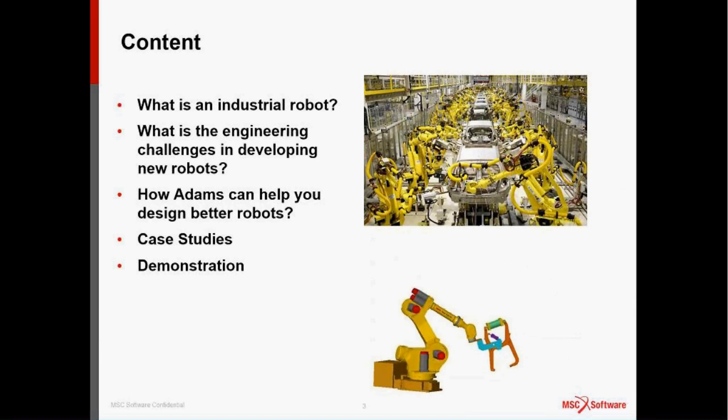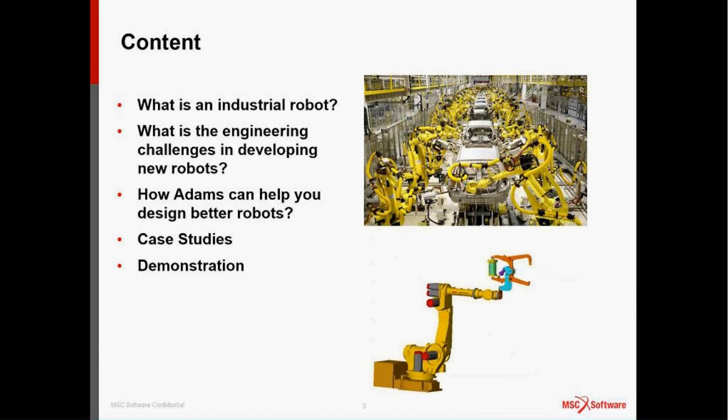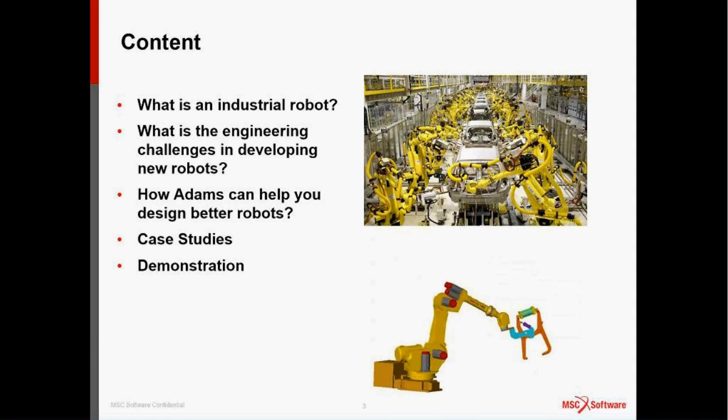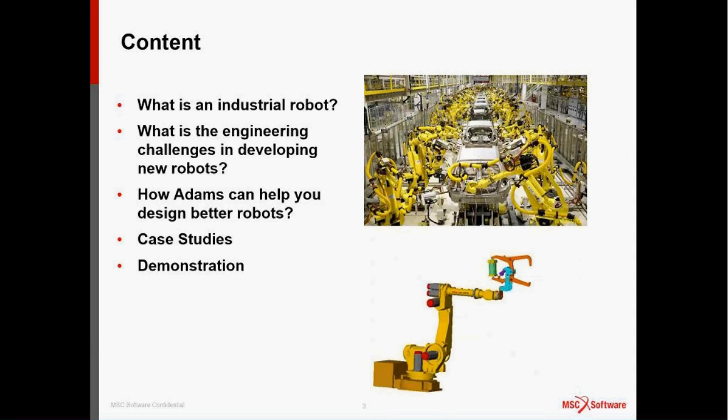So here's the agenda for today's presentation. We're going to mainly talk about industrial robots and how Adams can help you address some of the engineering challenges when you're designing industrial robots or any kind of industrial machinery or machine tools with similar mechanisms.